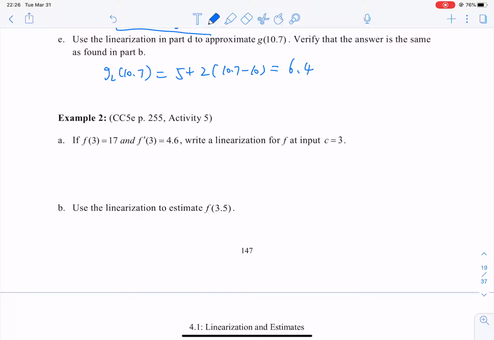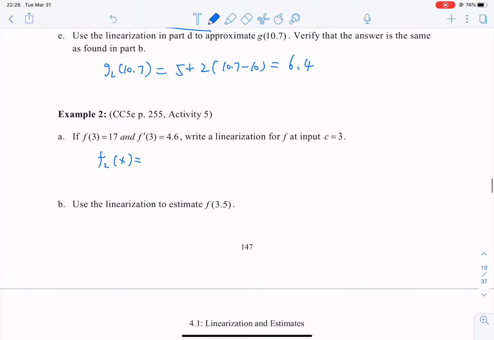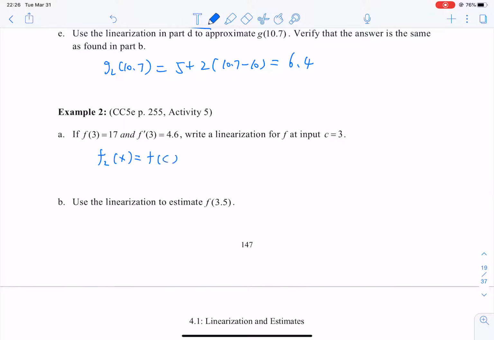Alright, for example 2, 2a, we are given f of 3 is 17, f prime of 3 is 4.6. Write a linearization for f when we are given the input value c is 3. So f sub L of x is just f of c plus f prime of c multiplied by x minus c.